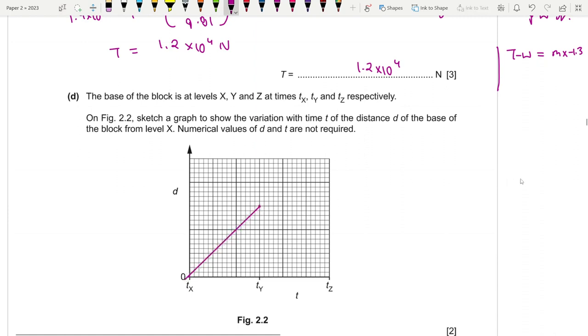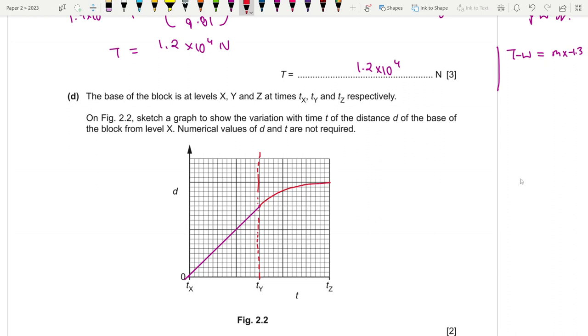Now what happens after this? After this point, we start decelerating, right? So it will be a curve now, and it will eventually become horizontal at z. So the graph should look like this, something like this.